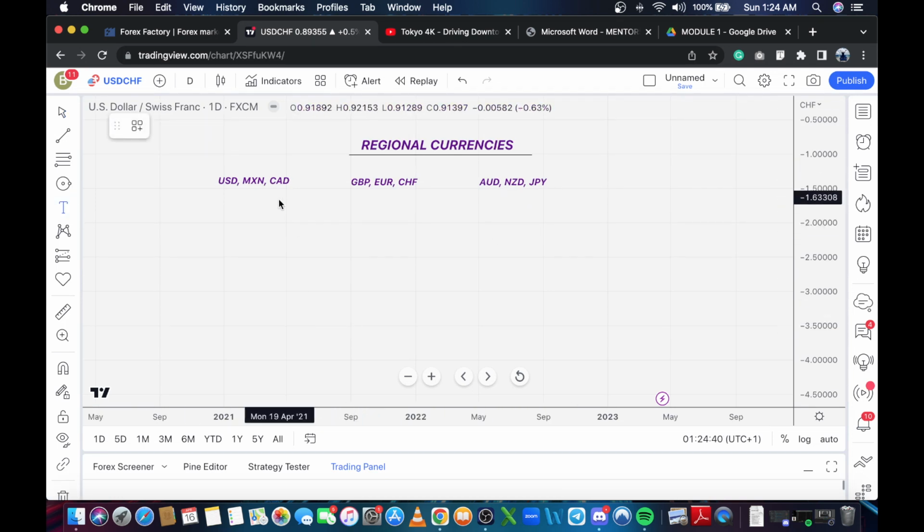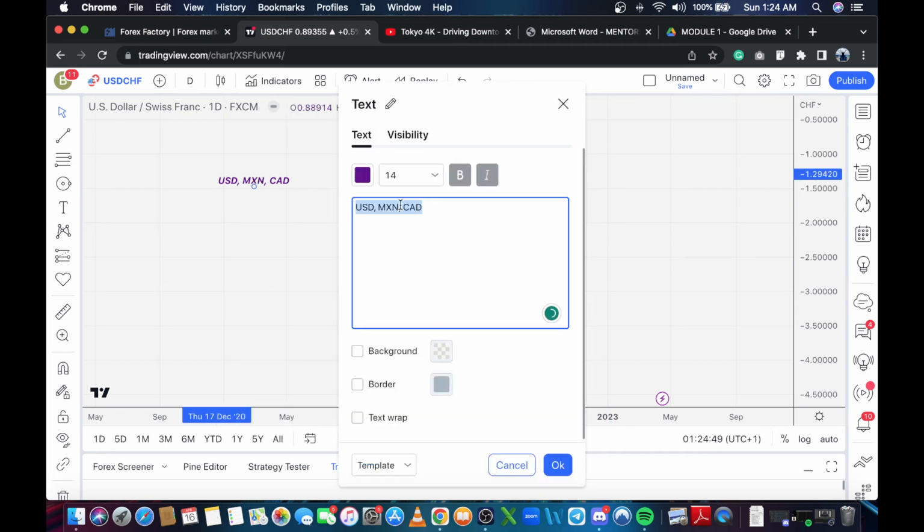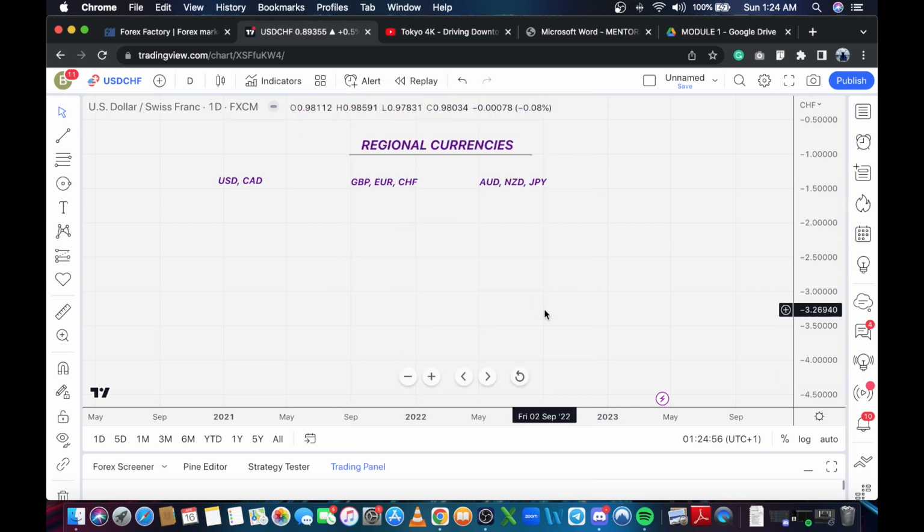So if we pair Mexican pesos, it's not as traded as the other pairs, so let me remove Mexican pesos from this list. It's still a North American asset, but it's not as heavily traded as others, so it does not need to be on the list.